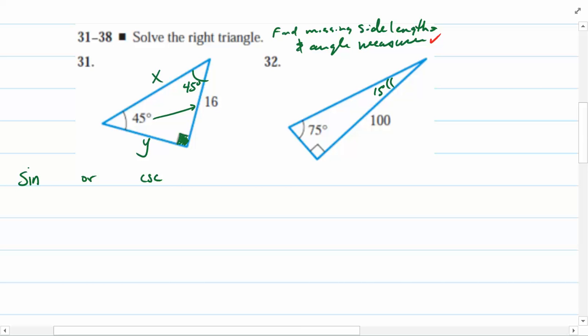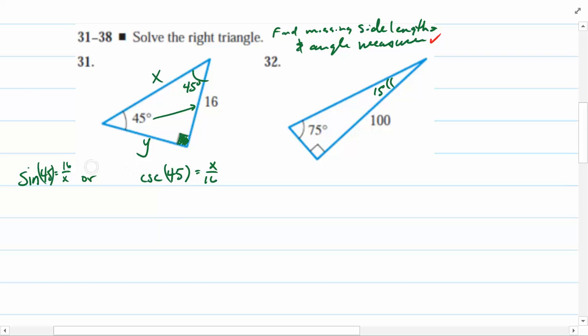Now if I use the sine function, that means sine 45 has to equal 16 divided by x, because sine of some angle is equal to the opposite side divided by the hypotenuse. If I use the cosecant function, we can still find cosecant of the same angle measure, 45 in this case, and that must be equal to x divided by 16.